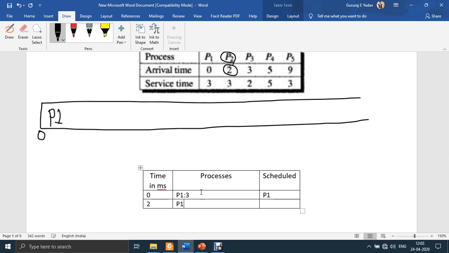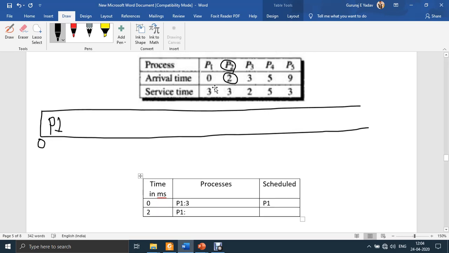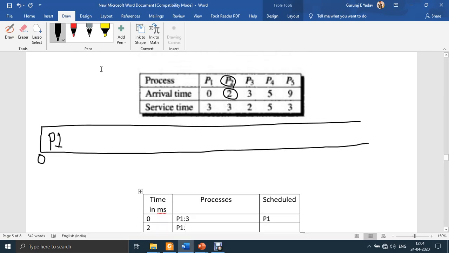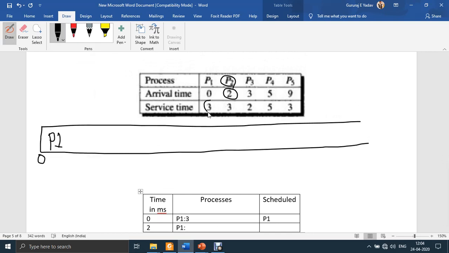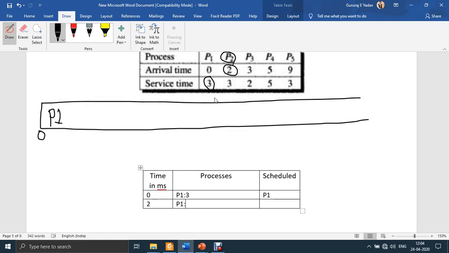So again, P1 will be available because here P1 requires how much? It requires 3 milliseconds of CPU time, but you have given only 2, because from 0 to 2, so at time 2 a new process is arriving.